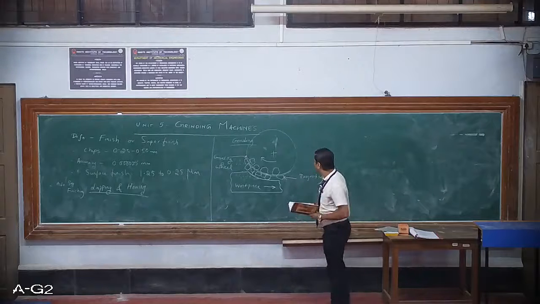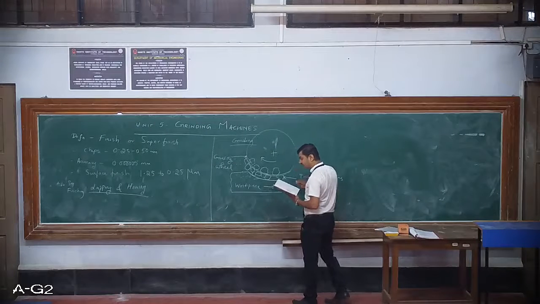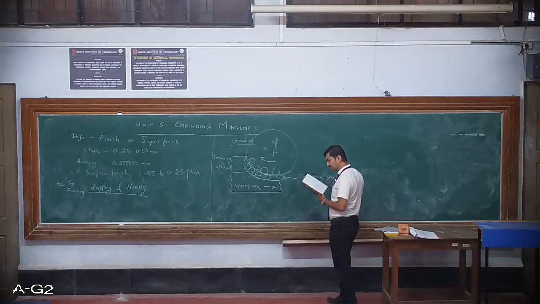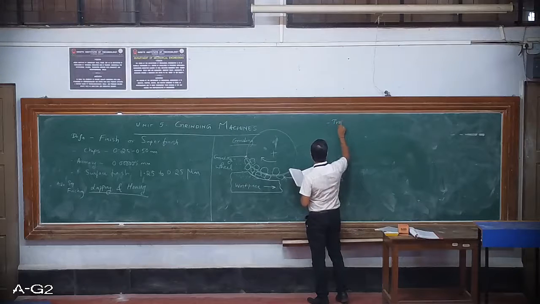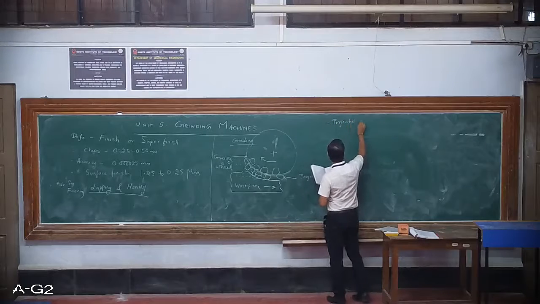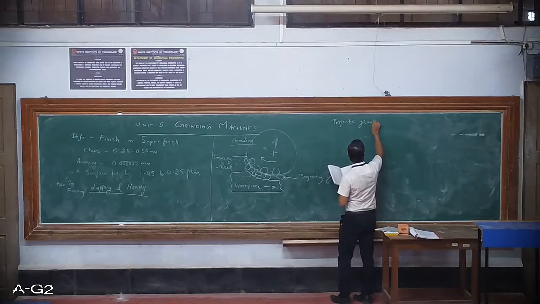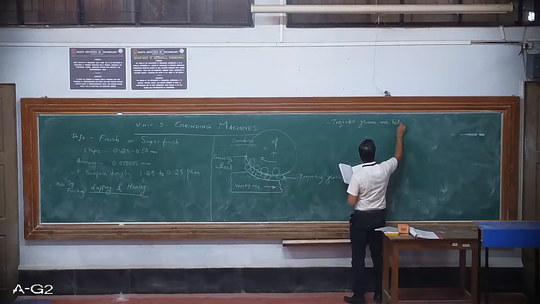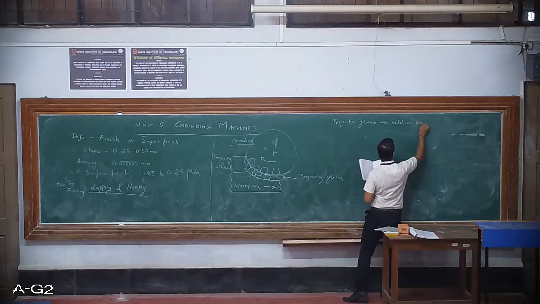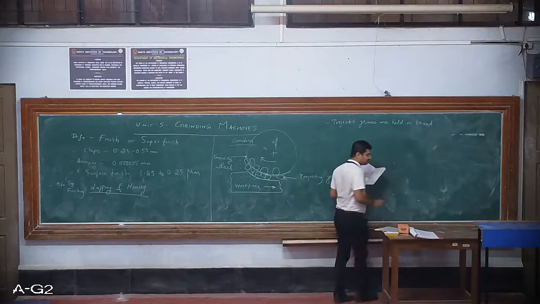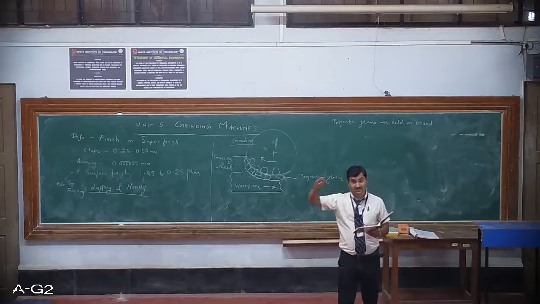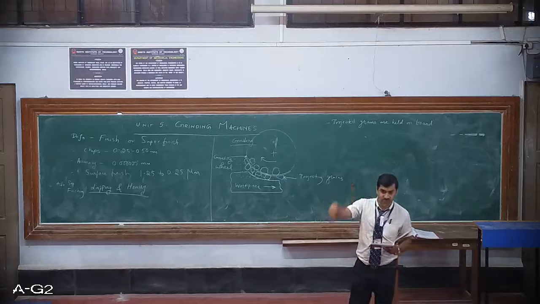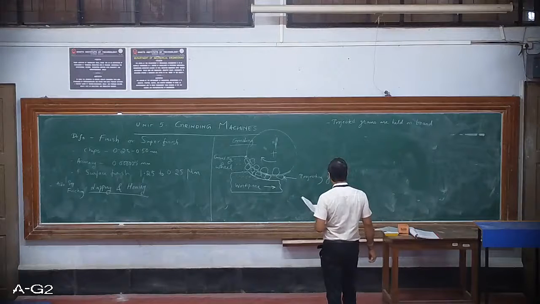Now some specific features of grinding which you can remember are as follows. The projected grains are held on a board. What do you mean by this? These grains are held by a strap or a board which is fixed onto its surface, right?